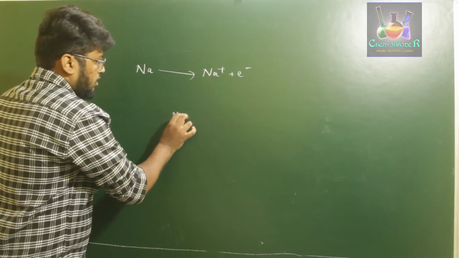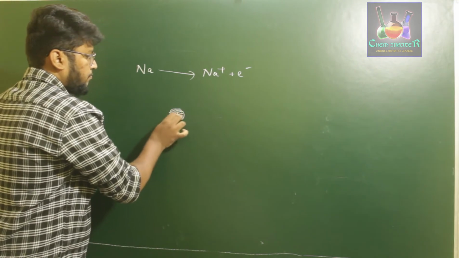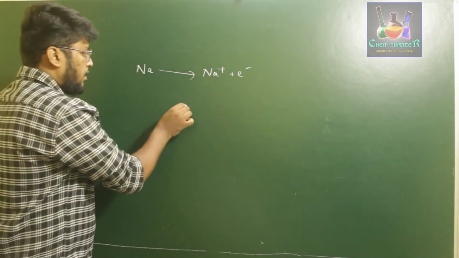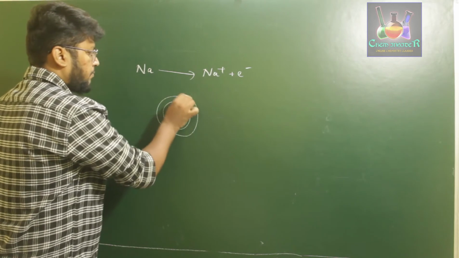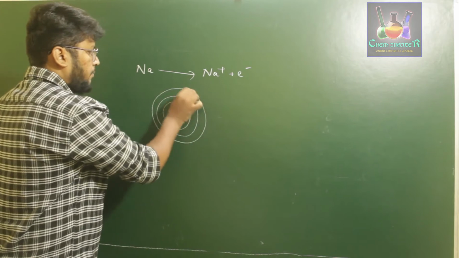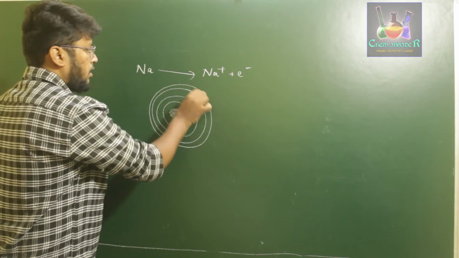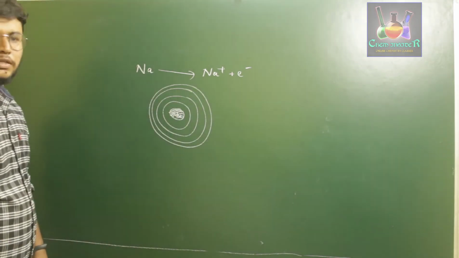If you consider this as the nucleus of sodium, we have the 1s orbital, the 2s orbital, the 2p orbital, the 3s orbital, and one electron present in the 3s orbital.